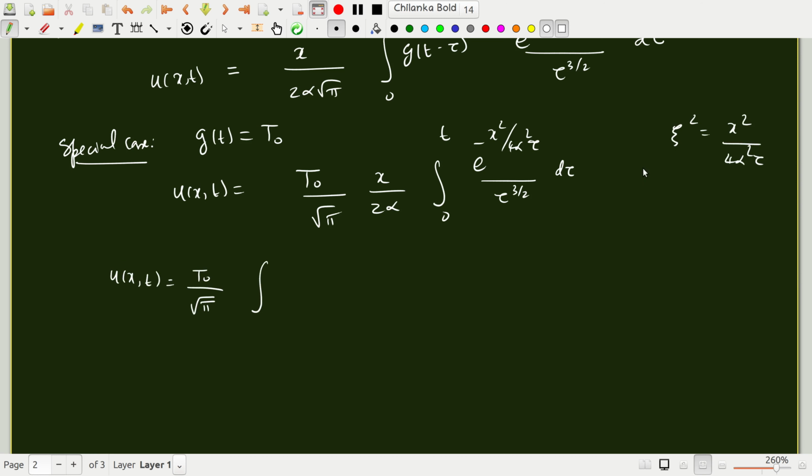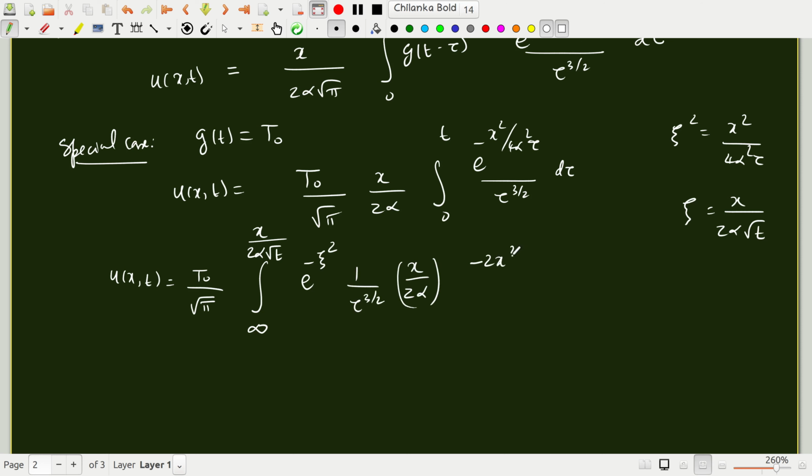So as tau goes to 0, zeta goes to infinity, and as tau goes to t, zeta goes to x by 2 alpha root t. Now I'm going to pull this inside, so this becomes e to the minus zeta squared, and then you have 1 over tau to the 3 halves, you have x over 2 alpha. Now instead of d tau, I should write, from the discussion we just had, minus 2 x squared by 4 alpha squared, d zeta by zeta cube.